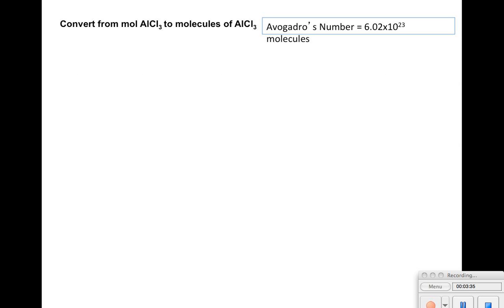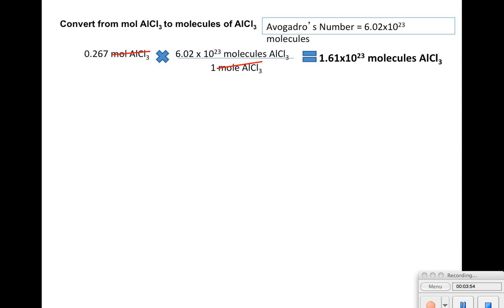We start with 0.267 moles of aluminum chloride, and then we have to get moles of aluminum chloride to cancel, so they have to go on the bottom. Avogadro's number needs to go on the top. Moles of aluminum chloride will cancel, and we'll be left with 1.61 times 10 to the 23rd molecules of aluminum chloride. Now that we have molecules, we can talk about actual particles that are in that molecule.